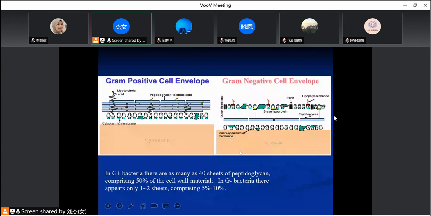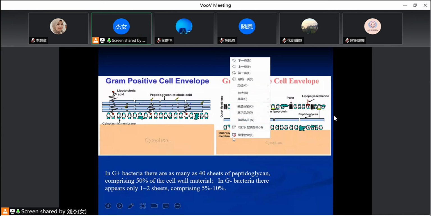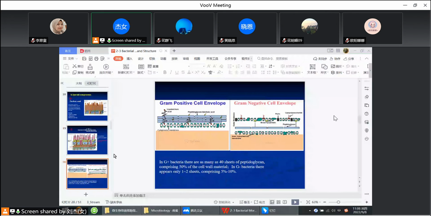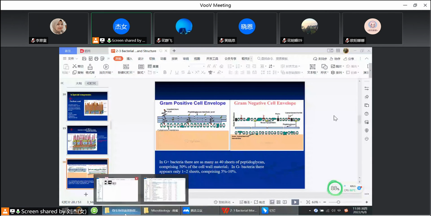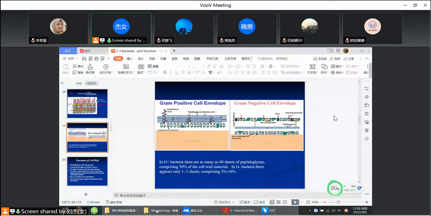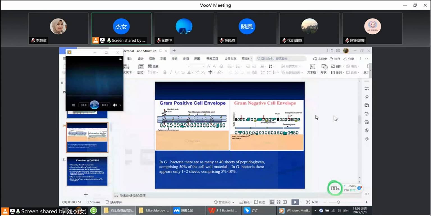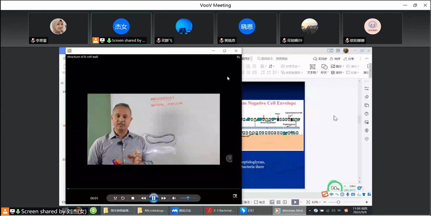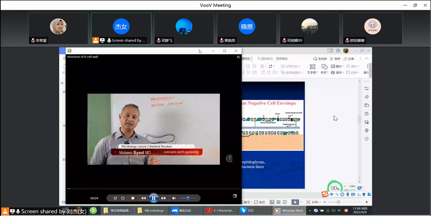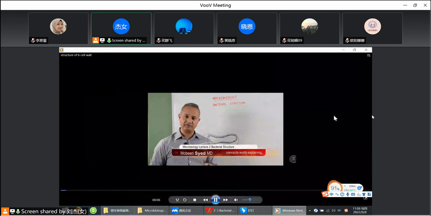Here is also a picture showing the gram-negative and gram-positive, but I want to show you a video, which can make the structure much clearer. I just recorded a video about the gram-positive, gram-negative, and pleomorphic bacteria which do not have a cell wall.